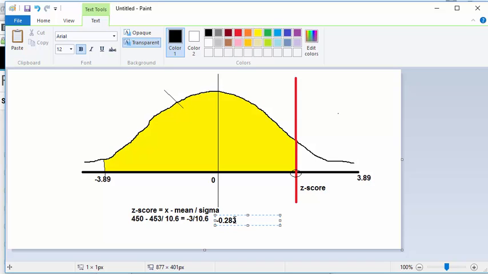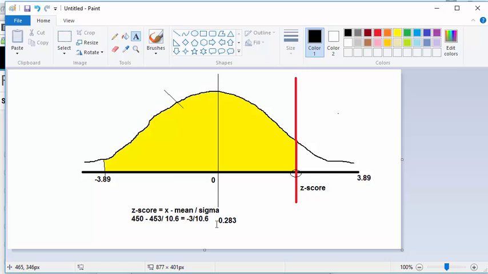This is the number that we have. What is this? This is our z-score, negative 0.28, since the 3 cannot be shown on the z-table.